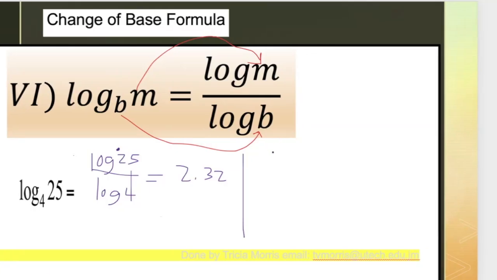So if I have another question, say for example, I ask you to evaluate log base 3 of 7, then we will say log 7 divided by log 3. And then once again, we'll put this in our calculator. So we'll have log 7 divided by log 3. And my answer will be 1.77.